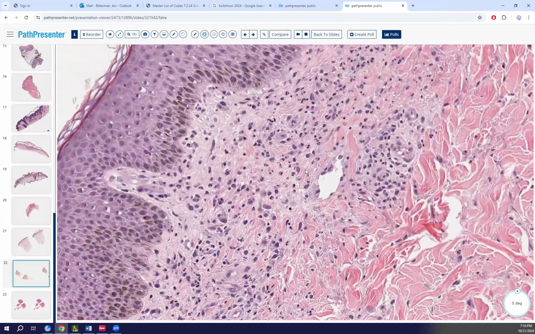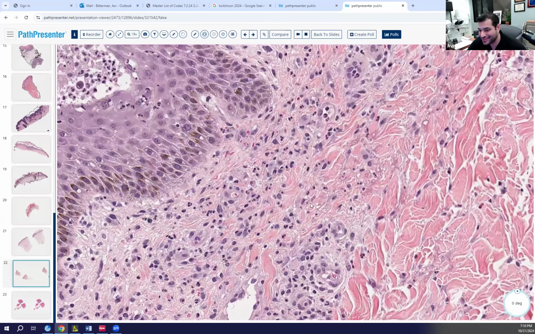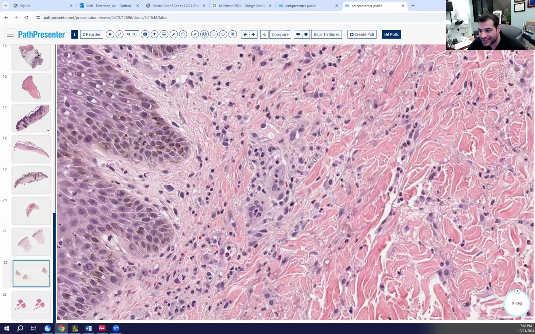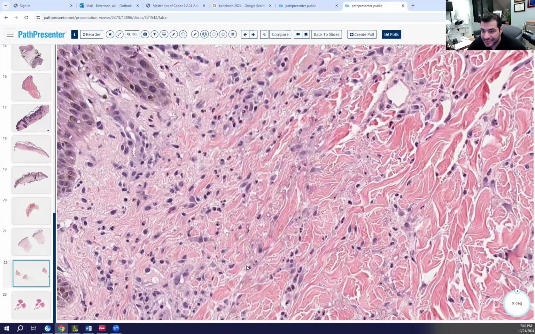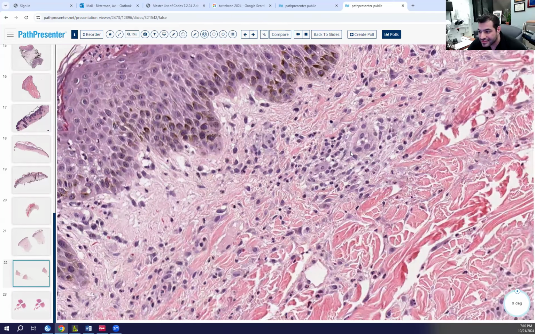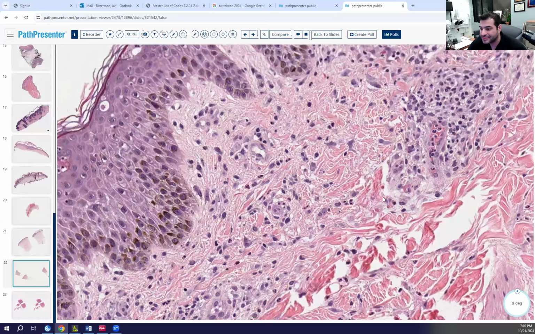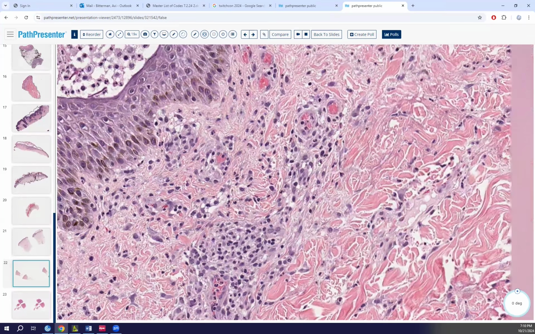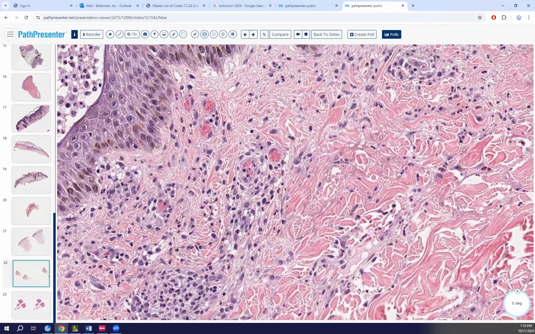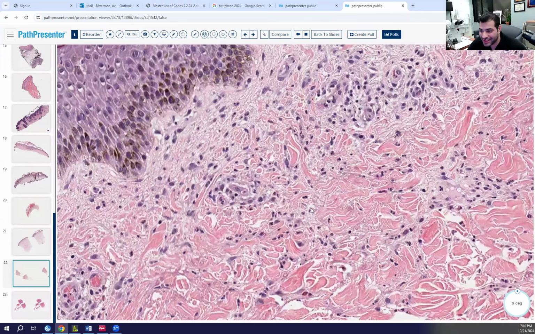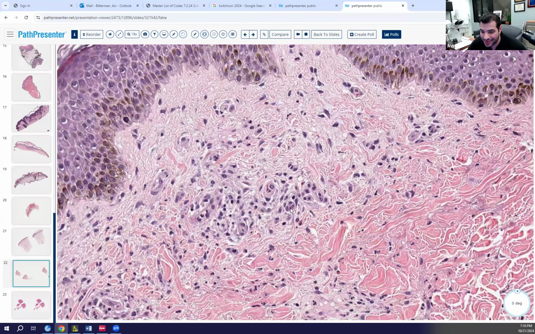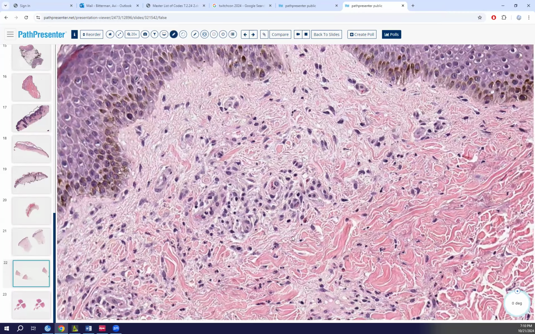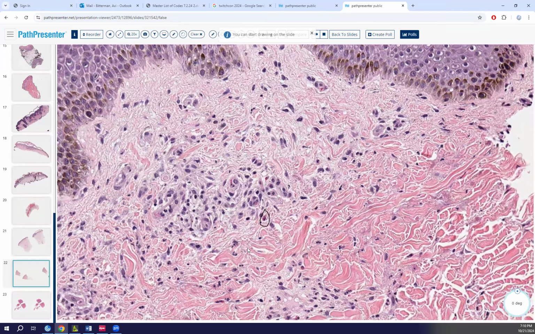An eosinophil would be really nice to find. Why would it be so nice? What would we be thinking? Erythema toxicum? That's part of our eosinophilic spongiosis differential, but the eosinophils here are down below. In fact, here's one.